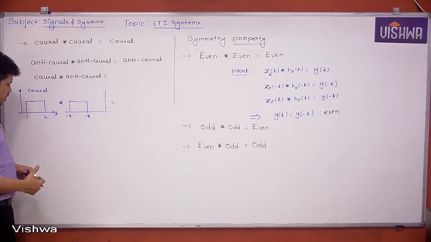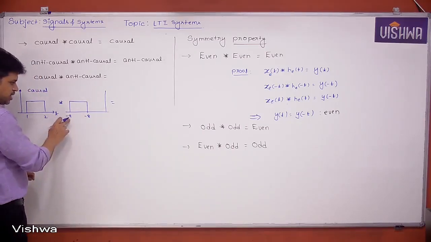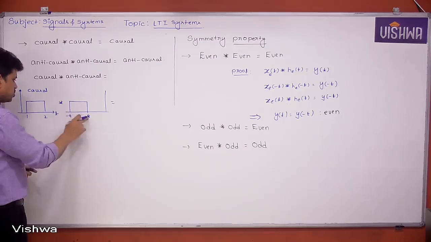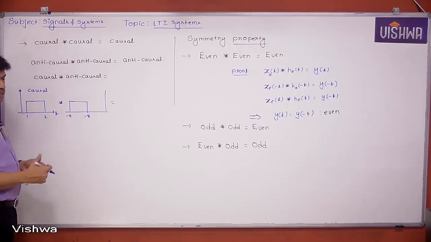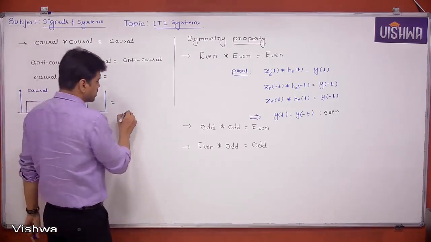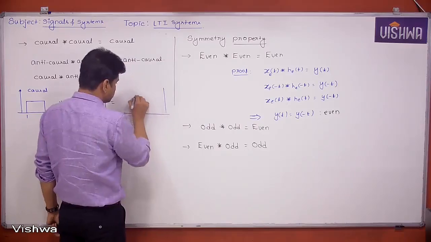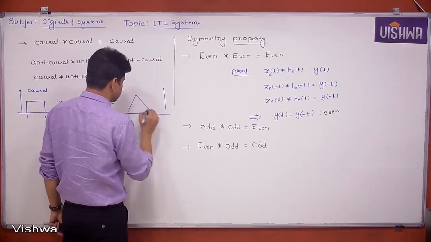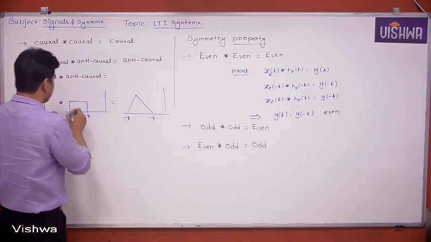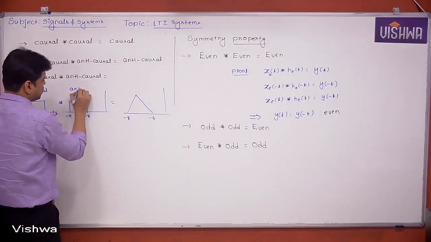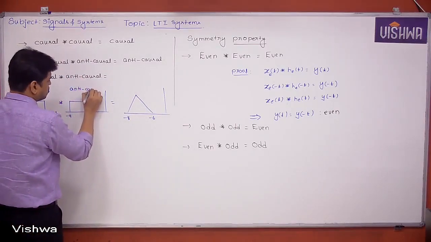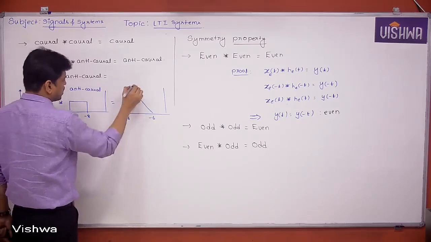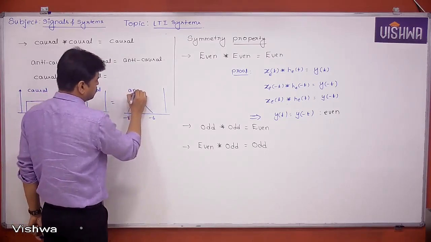What is the lower limit of the triangle? 1 + (-9) = -8, and 2 + (-8) = -6. So the resultant exists between -8 and -6. So a causal and an anti-causal signal get convolved, and in this case it is anti-causal.